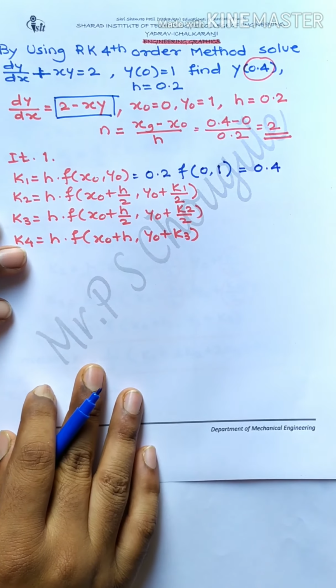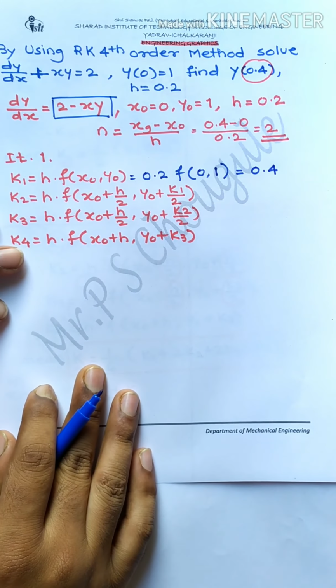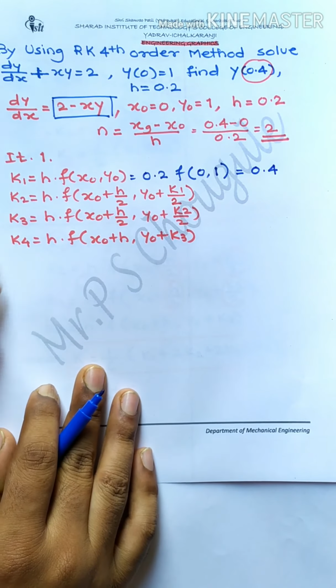Similarly, we will take the value, this one, 0.2 into f of x0 plus h by 2.